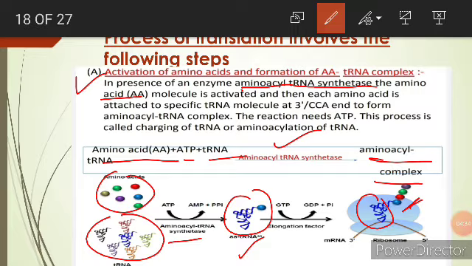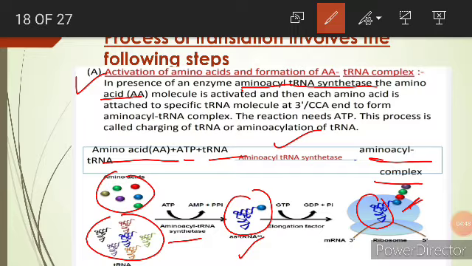The enzyme AA-AMP complex reacts with a specific tRNA depending on the anticodon or codon we have learned, producing the AA-tRNA complex, and the enzyme is utilized again.